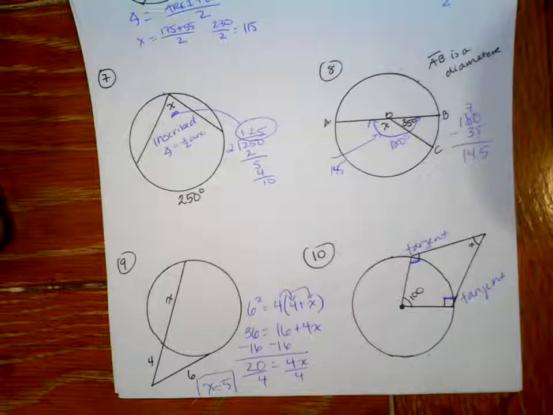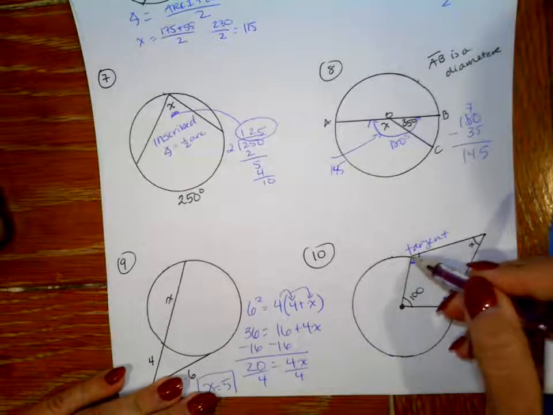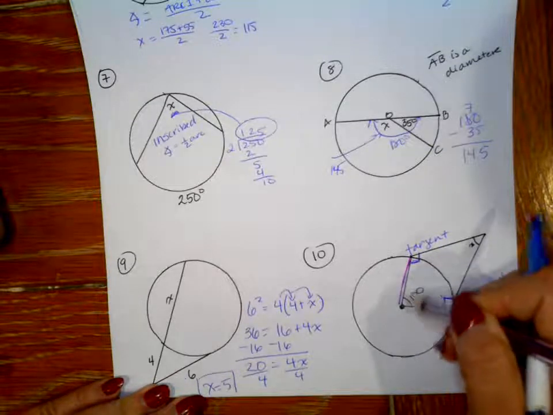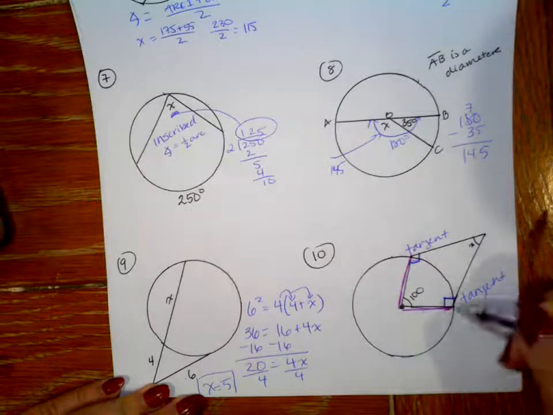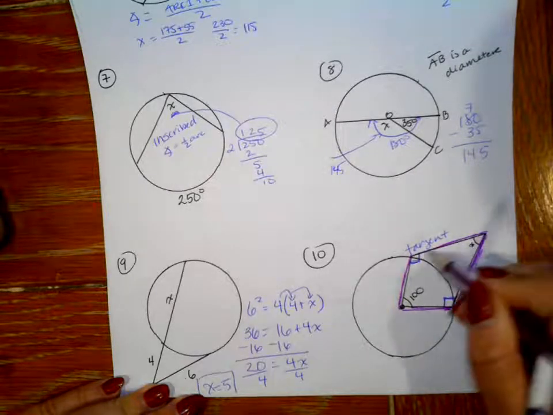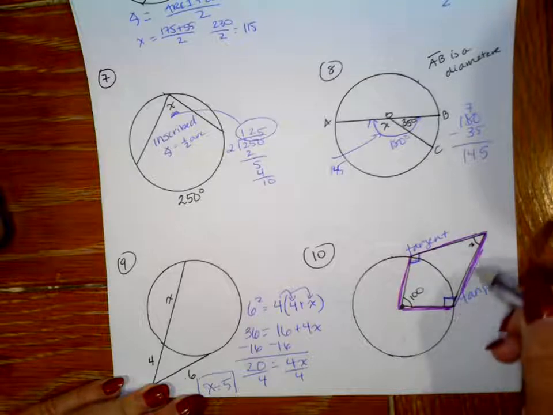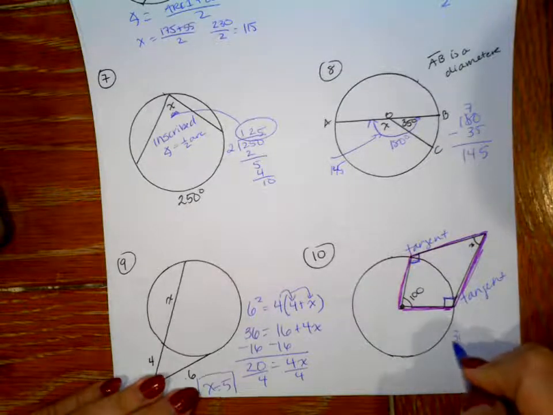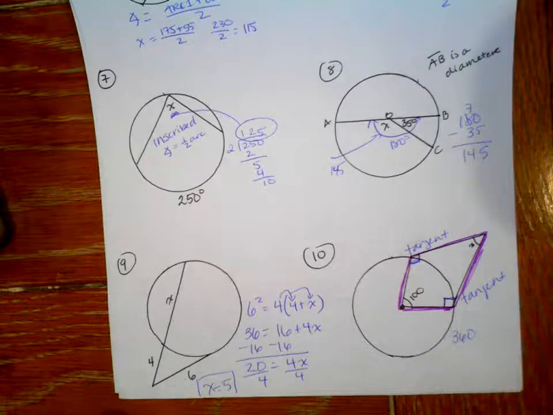And that is important because that makes this next part super easy. I'm looking for this whole angle value here. If I look at this whole thing, I have a quadrilateral, a four-sided figure. And I know that the degrees in a four-sided figure are 360. If you didn't know that, they are.